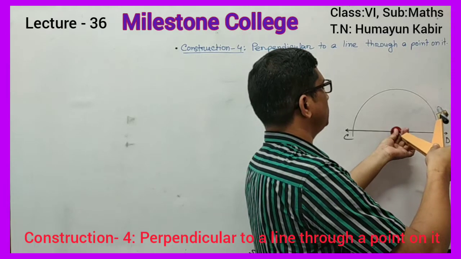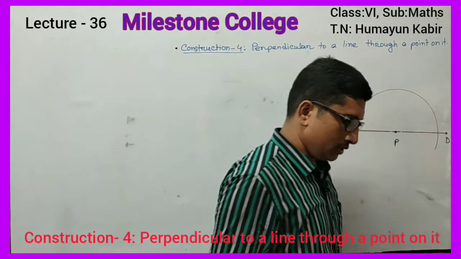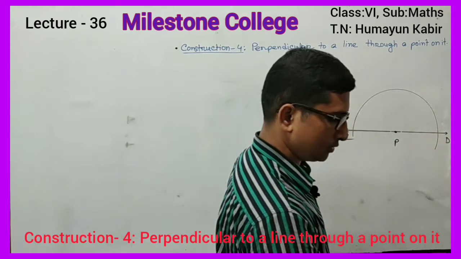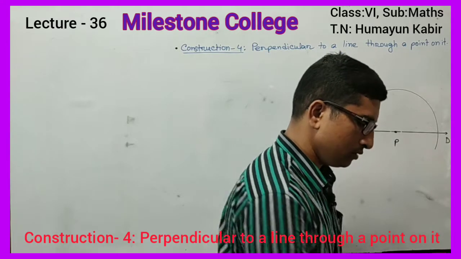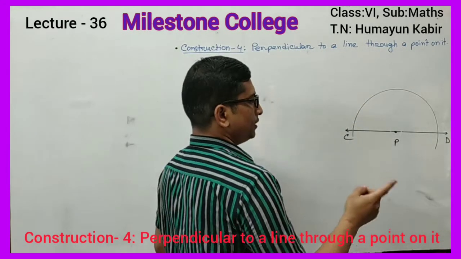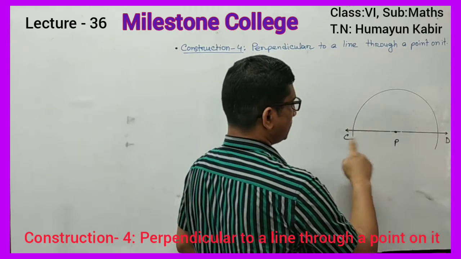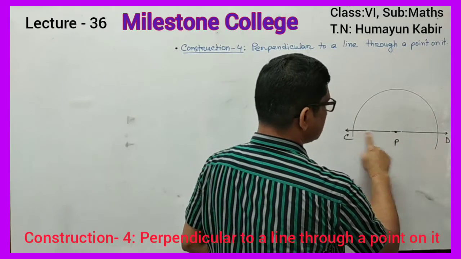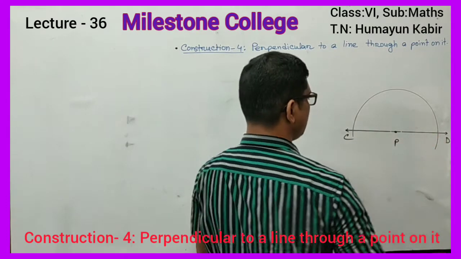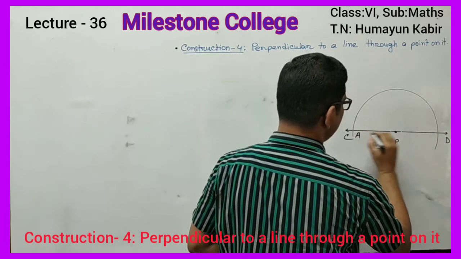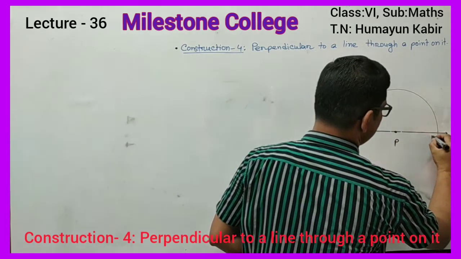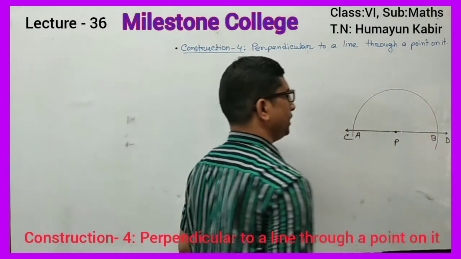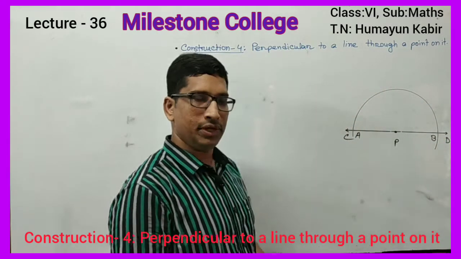Okay, suppose here, look at here, this arc cuts CD at this point and this point. Suppose this point is A and this point is B. Okay, this point is B.